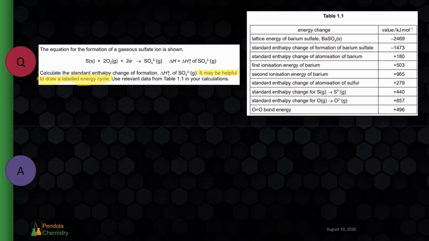The other thing that you want to be aware of is that with a bunch of enthalpy problems, they give us this table filled with enthalpy changes. And a common mistake people make is that you see this and you're like, okay, I have to use all of them. Not necessarily. You might not need to use every single one of these enthalpy changes. You may end up using all of them.